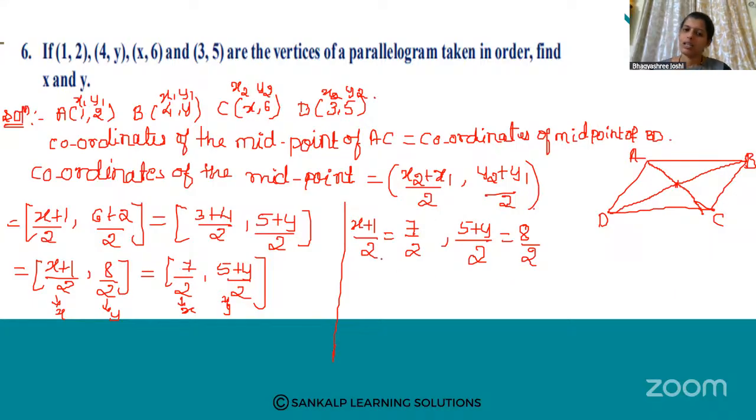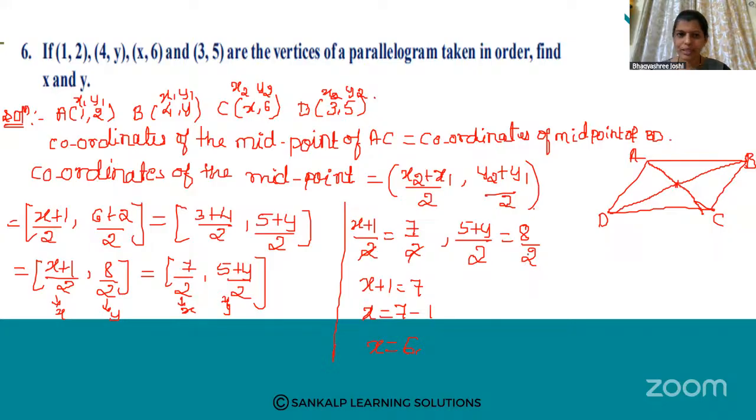Next, this 2 and this 2 will get cancelled. x plus 1 is equal to 7. Transfer this 1 to this side: 7 minus 1. x equal to 6.